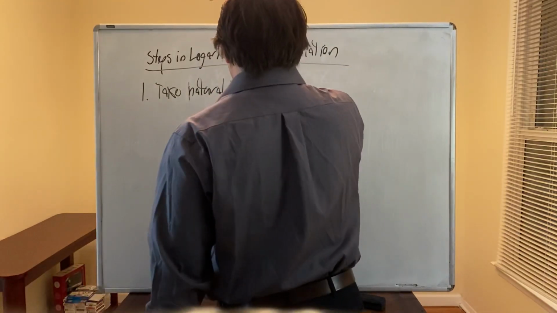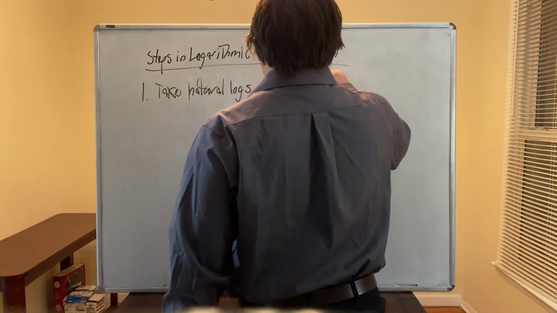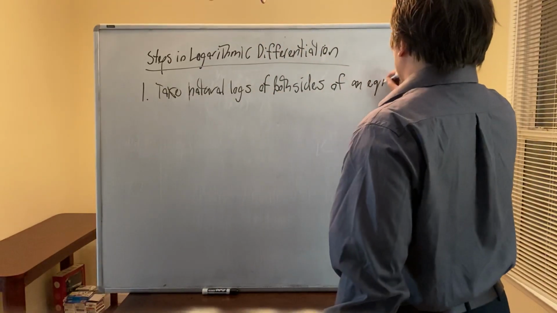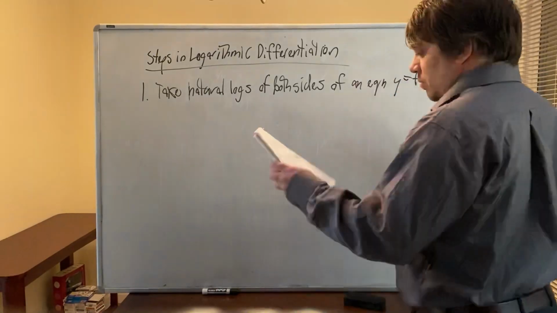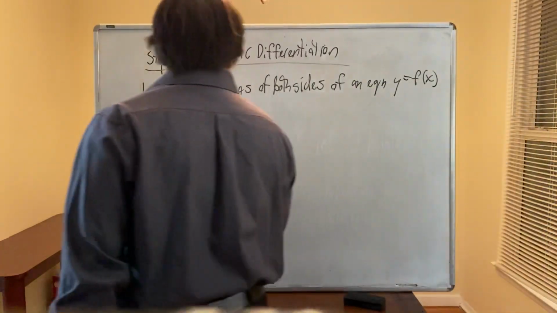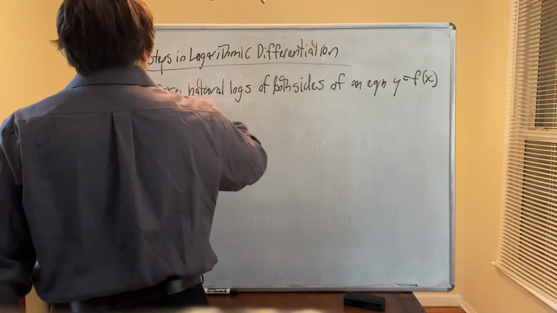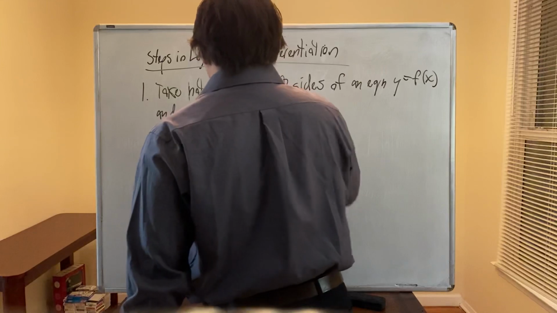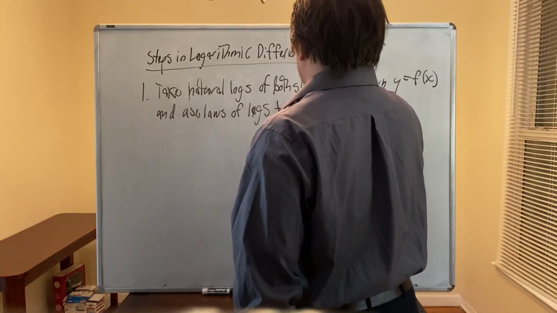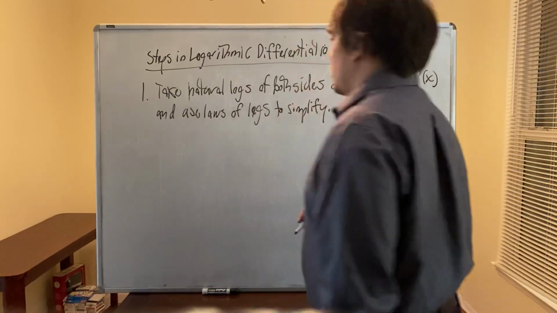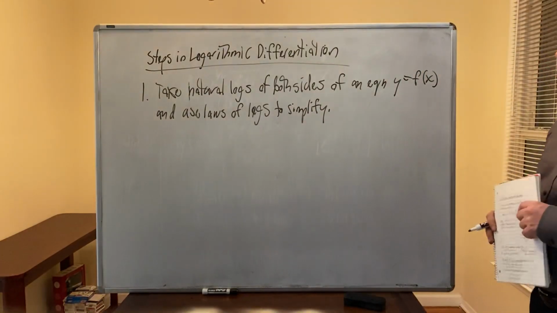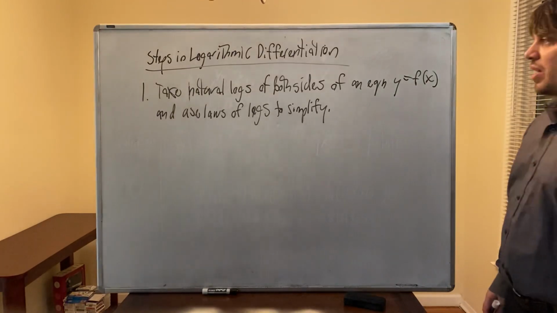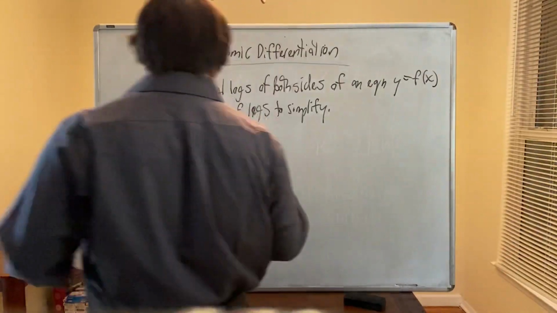Take natural logs of both sides of an equation y equals f of x, and use the laws of logarithms, abbreviated laws of logs, to simplify. Okay, so step 1. Take natural logs of both sides of an equation y equals f of x, and use laws of logs to simplify.